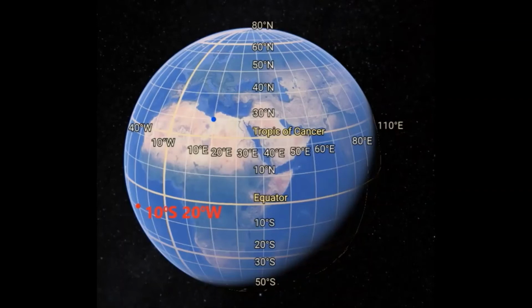So the answer is 30 degrees north and 20 degrees east for the location of the blue dot.